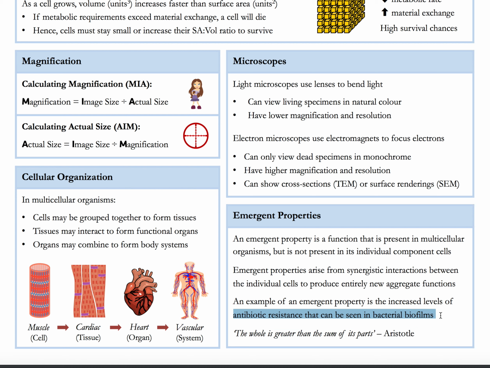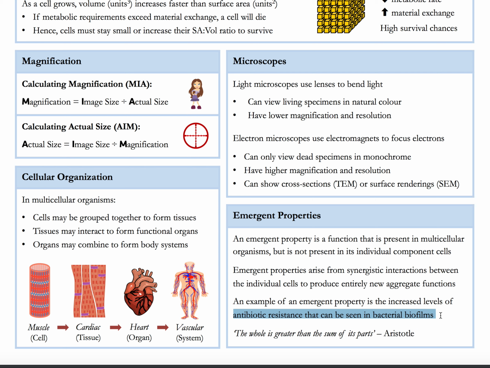In this case, this is quite a complicated example. You know how bacteria in a biofilm are an aggregation of different bacteria together. One bacterium may not be resistant to antibiotics, but working together, they can resist it because they form their own ecosystem.